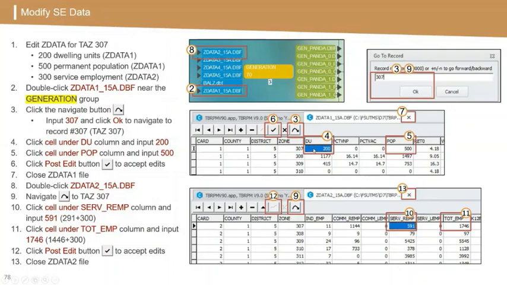So what you do is single click this cell under the DU column and then input 200. And then single click the population cell and input 500. After you input those numbers, you click the post edit button, this button, to accept the edits. And then you could close this file.